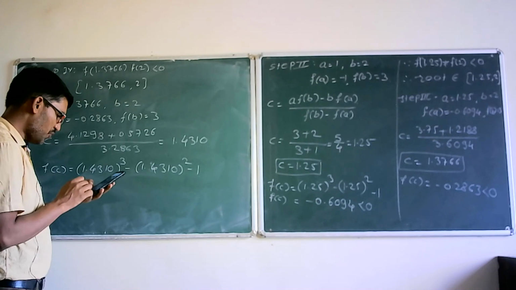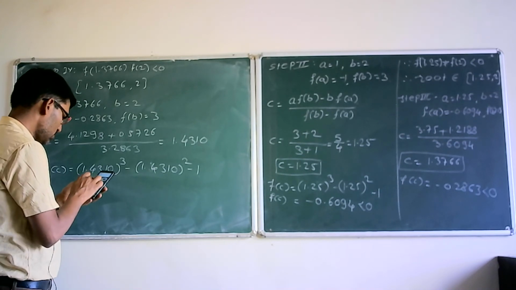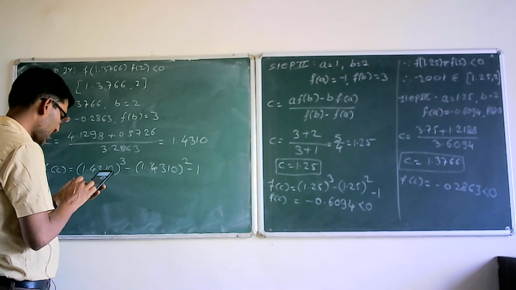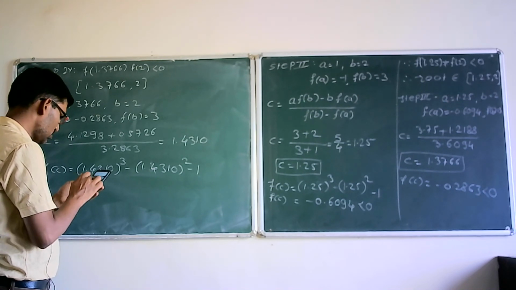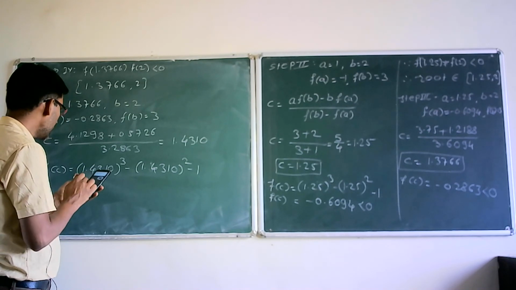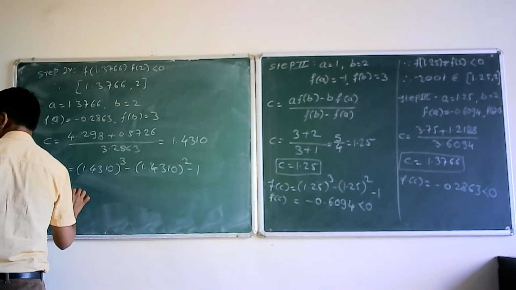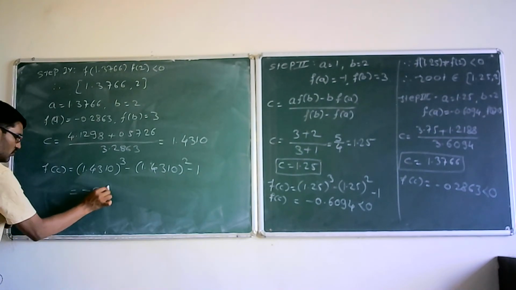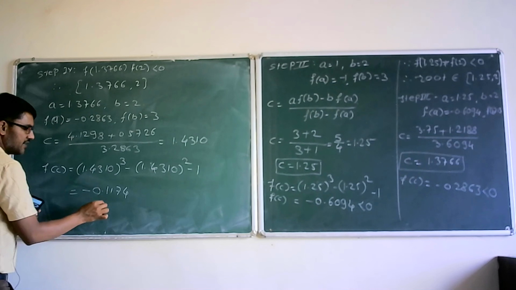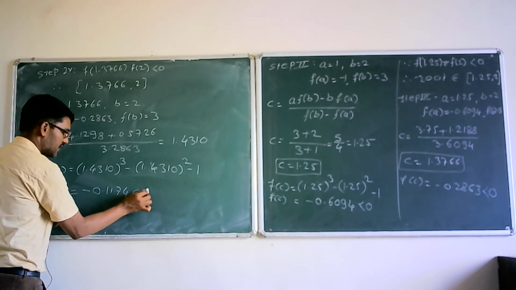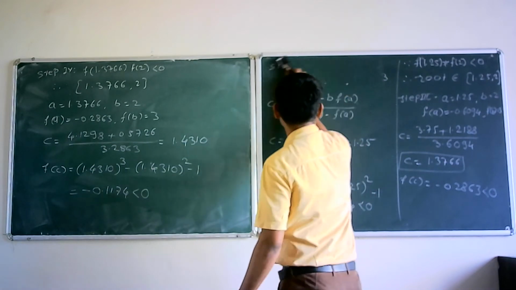So if you find 1.4310 raised to 3 minus 1.4310 square minus 1, you will get minus 0.1174. But again it is not equal to 0, and it is less than 0. So again we want to repeat our step.